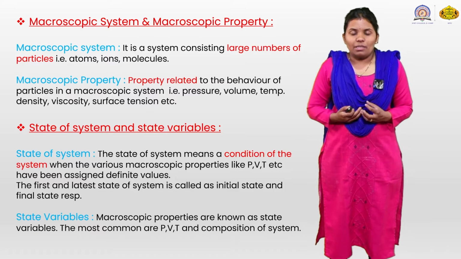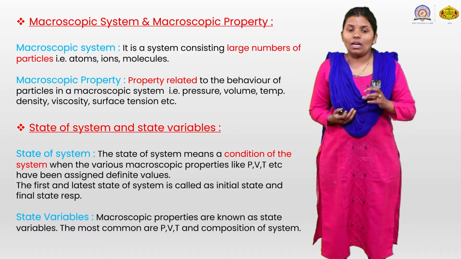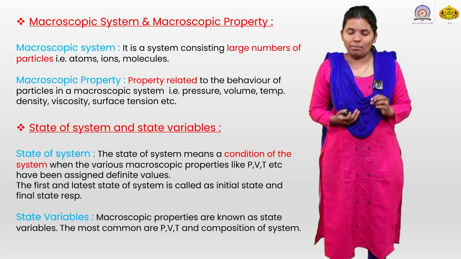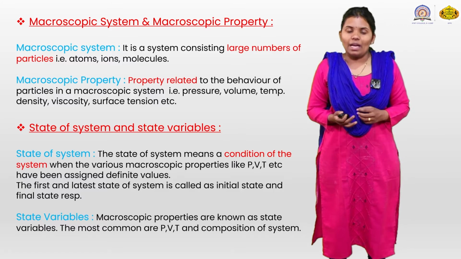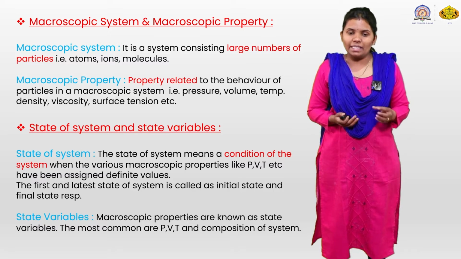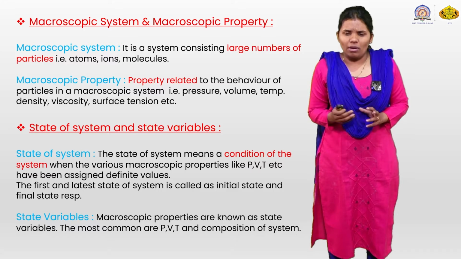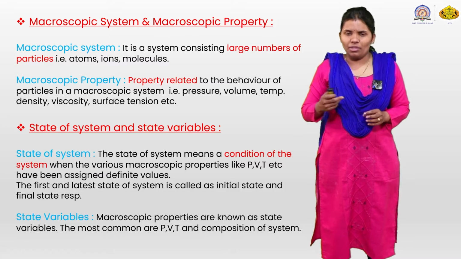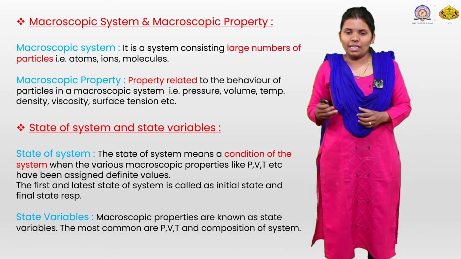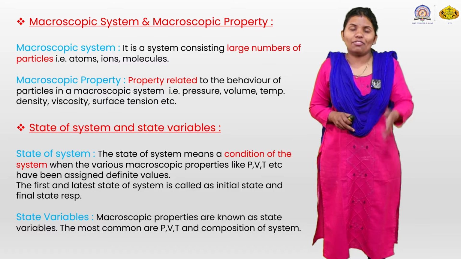What is the state of a system and the state variable? The state of a system means the condition of that system when the various macroscopic properties like pressure, volume, temperature, etc. have been assigned definite values. The first and last state of a system are called the initial and final state. That you already studied in your 12th: P1, V1, T1 is the initial state, and the second suffix denotes the final state.